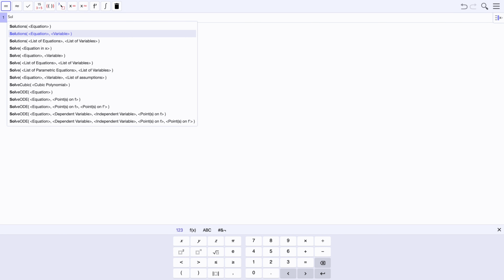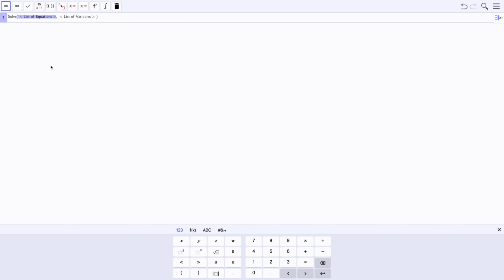Of course there are some suggestions for you, so you see here Solve list of equations, list of variables. So you choose this option, and then according to my experience it is better to click the delete button here and then open curly brackets, because in GeoGebra when they talk about lists you have to put them in curly brackets, and you start typing your equations.